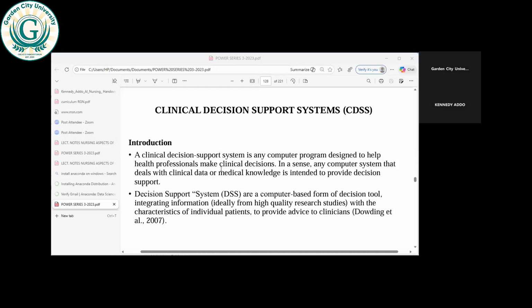A decision support system is any computer program designed to help healthcare professionals make clinical decisions. In a sense, any computer system that deals with clinical data or medical knowledge is intended to provide decision support. So this one in a way can work as a digital library, where all relevant nursing information is kept, the way we see on electronic health records.